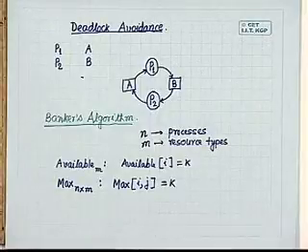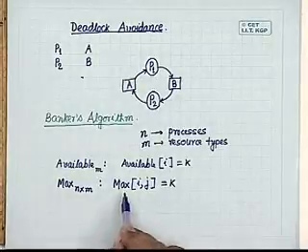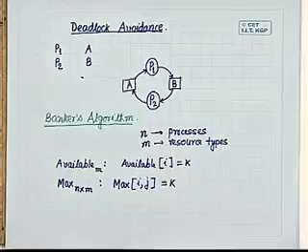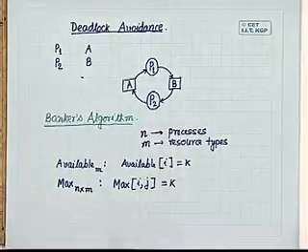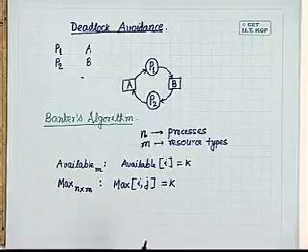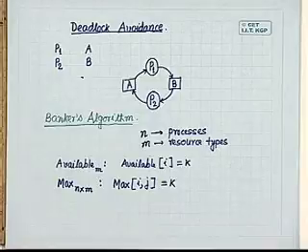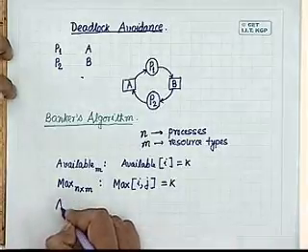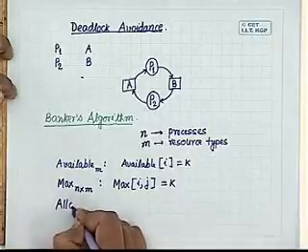So, for the ith process, the maximum requirement is a row vector. Okay. Where every element in the row vector will indicate for which resource type, how many instances of that resource type are required by the process i. Okay. Then the third data structure that the algorithm uses is Allocation.